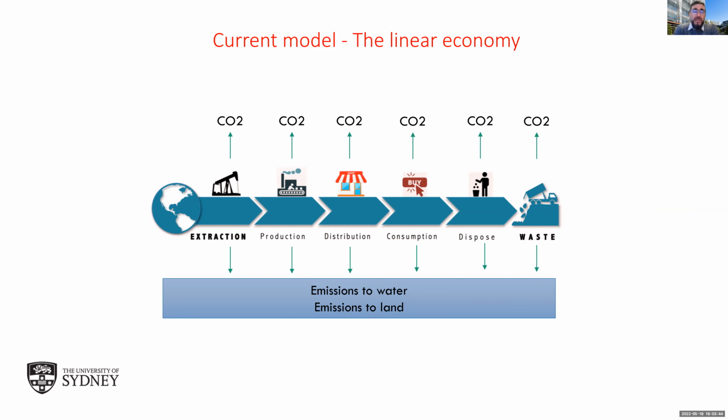In Australia, we use landfill as a significant way to deal with our waste. But importantly, in this slide, you could see that CO2 emissions, carbon emissions, and emissions to water and land are also quite important. At every step of the life cycle of any product, we have emissions.